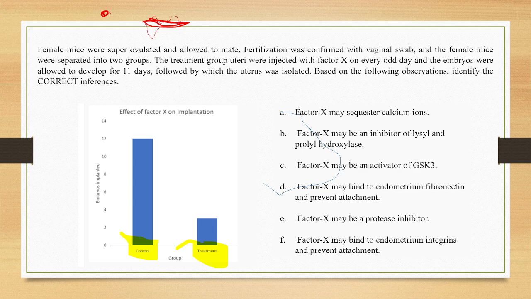Otherwise, how would it stick? So factor X could have bound to the fibronectin, and now the fibronectin is not available for the incoming blastocyst to bind, and since there is no attachment, implantation is possibly inhibited.